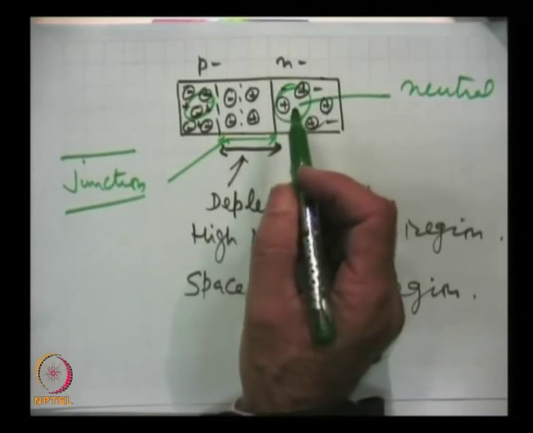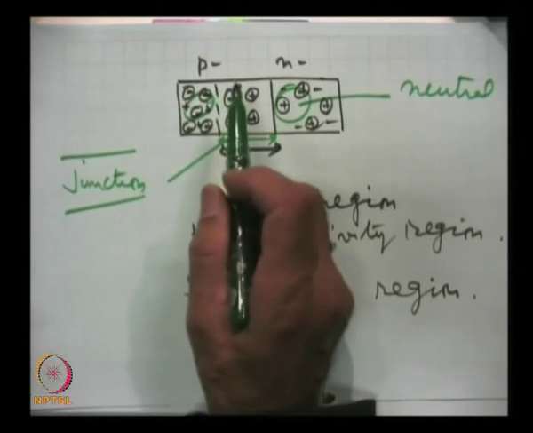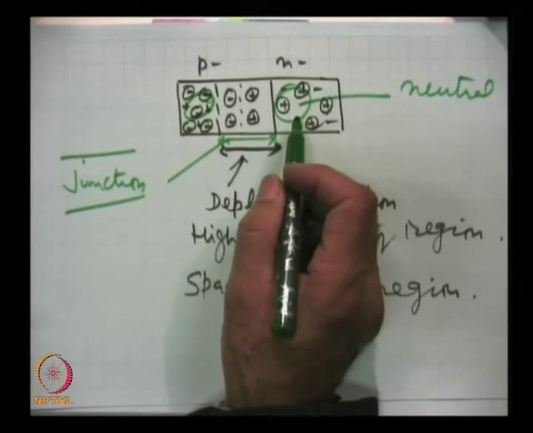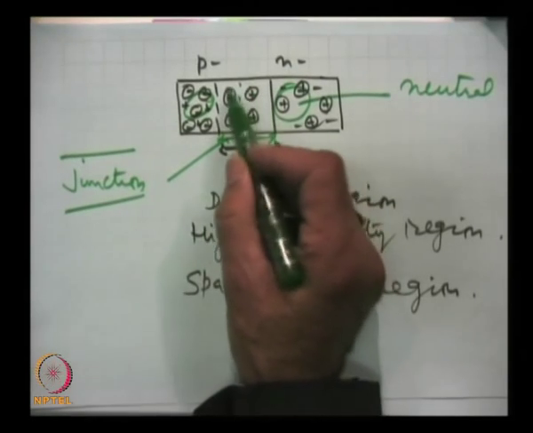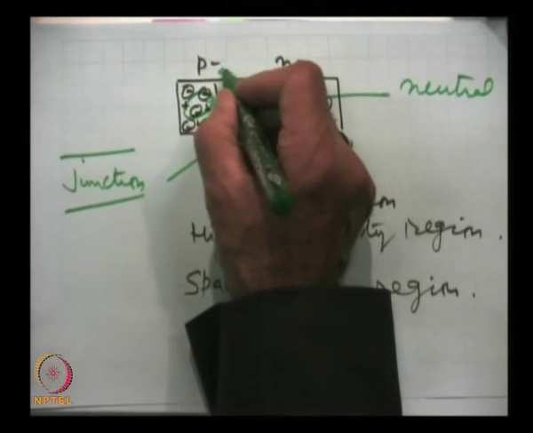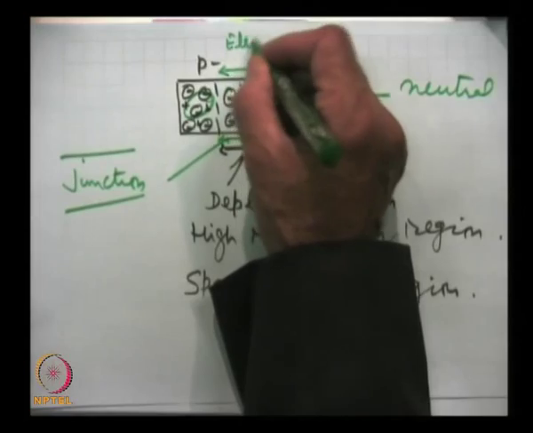There is another process which comes in. That diffusion will constitute the diffusion current, but now this space charge will give rise to a field in this region with this polarity. This is the electric field.